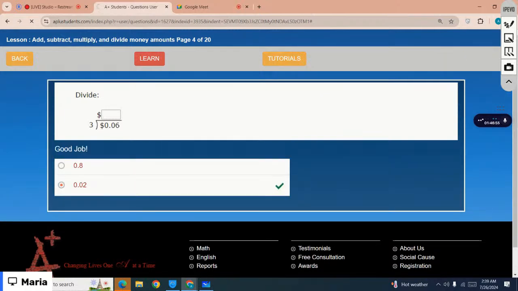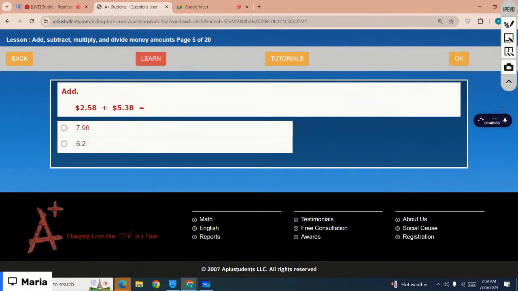Okay, the next one is add 2.58 plus 5.38. Which is the correct option?